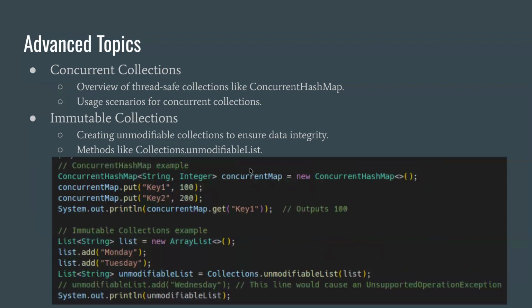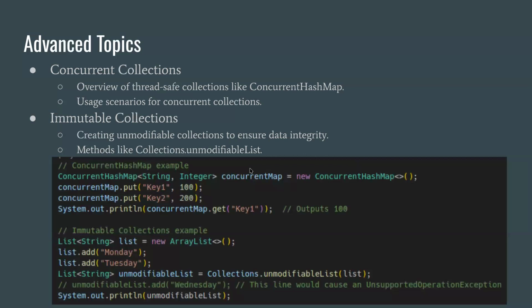Advanced topics. As we advance, we are going to touch on some specialized aspects of the Java Collections Framework. They are concurrent collections and immutable collections.